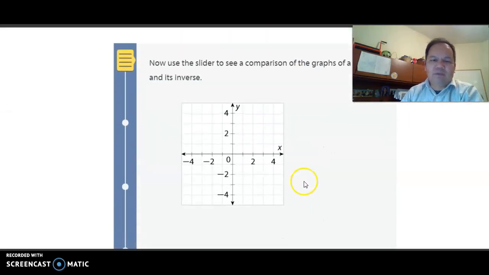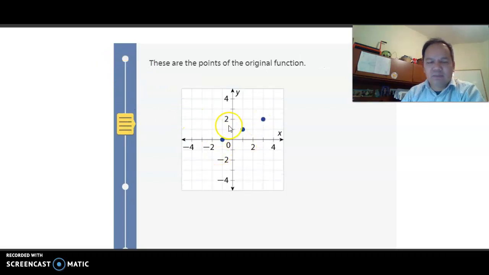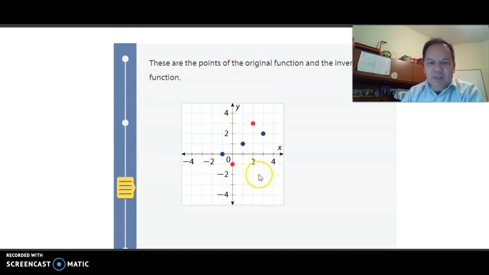And also graphing. If you click on, let's say this is the function. This is the graph of the original, for example. Then for the inverse, all you do is reflect this across the line of reflection, which is y equals x.